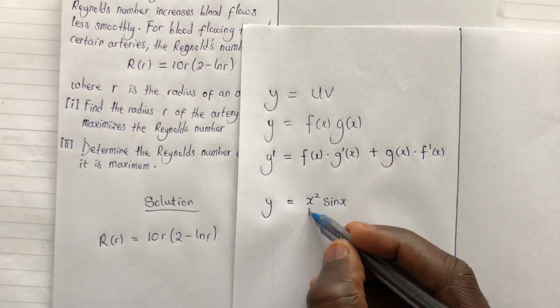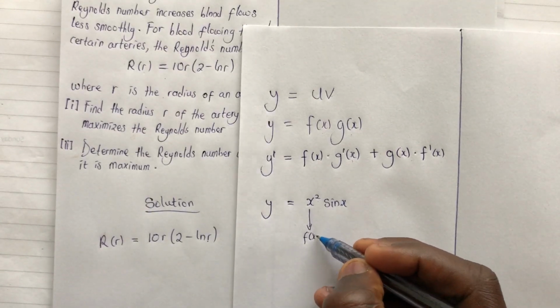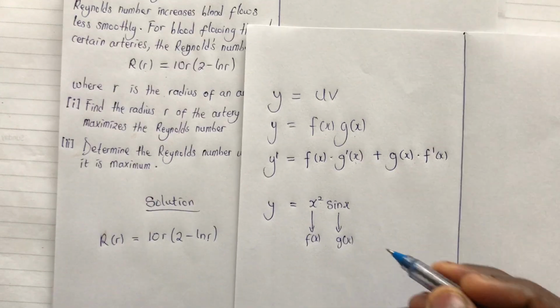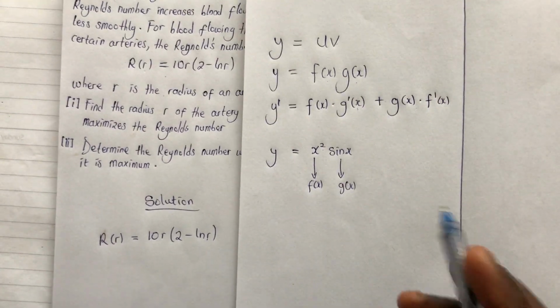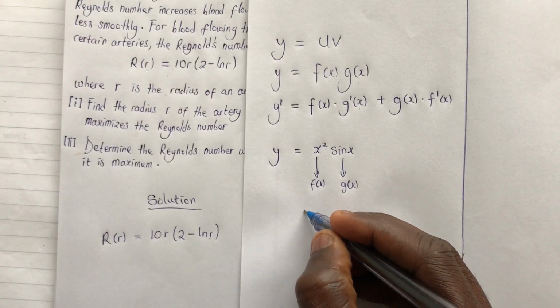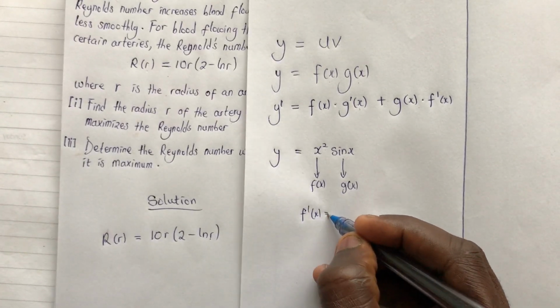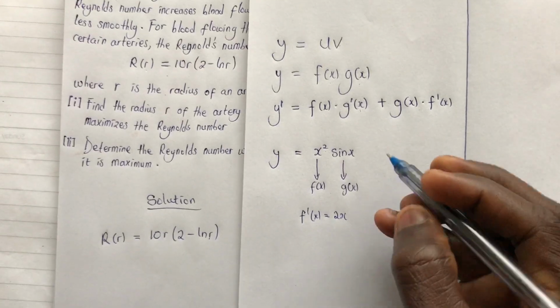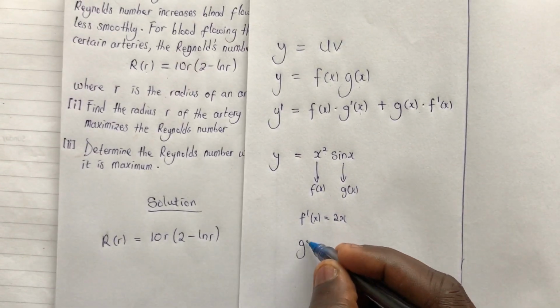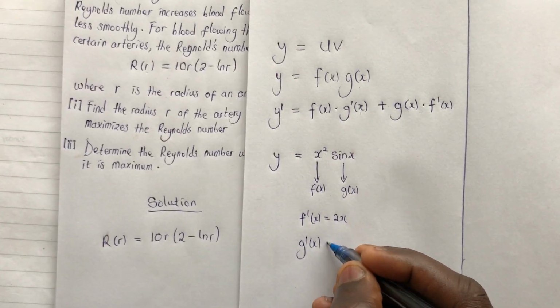Now this one is f(x) and this one is g(x). So when I differentiate the two functions, x squared, the result is f'(x) = 2x. And when I differentiate this one, I have g'(x).